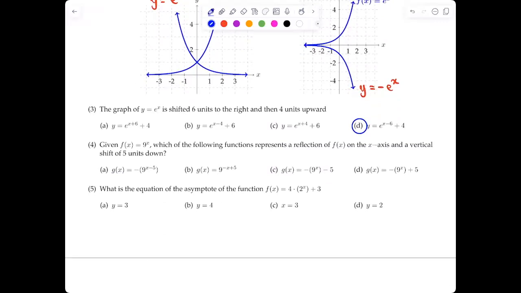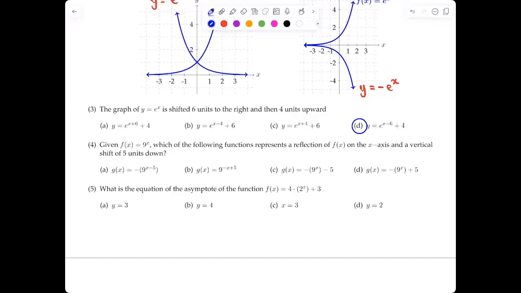So number 4, given f of x equal to 9 to the x, which of the following functions represents a reflection of the function on the x-axis and a vertical shift of 5 units down. So for a reflection over the x-axis, y gets changed.